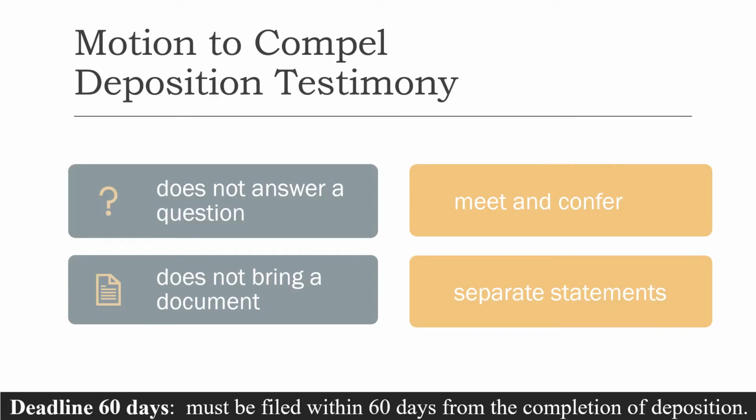Motions to compel deposition testimony. Grounds for the motion would be a party moving to compel answers to a deposition question or the production of documents, if the deponent either does not answer the question or does not bring the document requested in the subpoena. The requirements for the motion are a meet and confer and then creating separate statements.